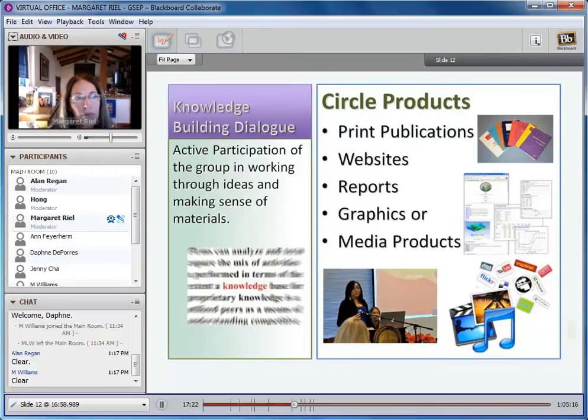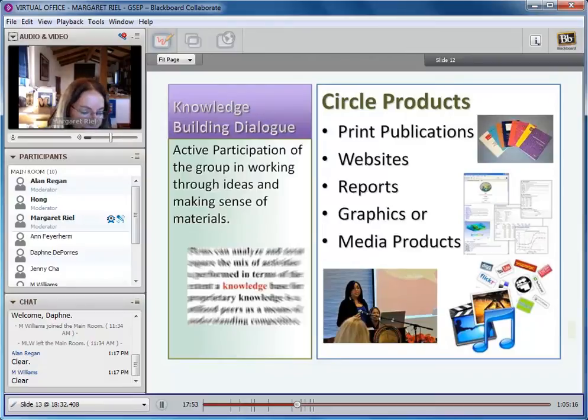If you divide the class up into smaller groups, then there's much more time for people to actually put their ideas on the table and have other people argue with them or pull the ideas apart in a way that's really productive. And that part of students actually commenting on other people's ideas is probably the hardest thing to get going. But once it gets going, it's just really effective.